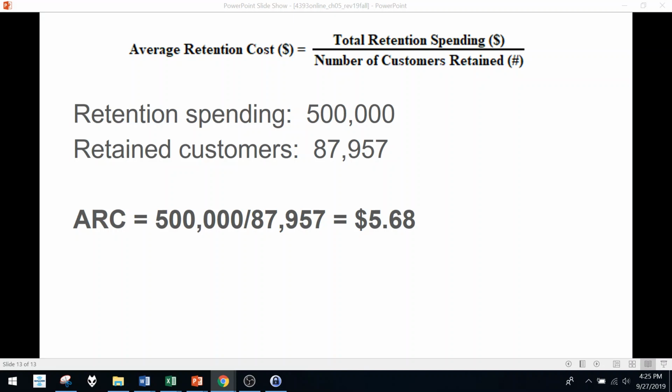So that 1.4 million divided by 64,800 would be $21.60 per customer. Compare that to your $5.68, you will see it's much more expensive to acquire customers than it is to retain customers. So it gives you information to let you decide that we need to really focus on trying to retain customers because it is much more efficient. It's much cheaper for the firm.